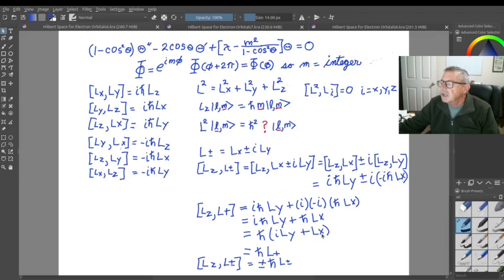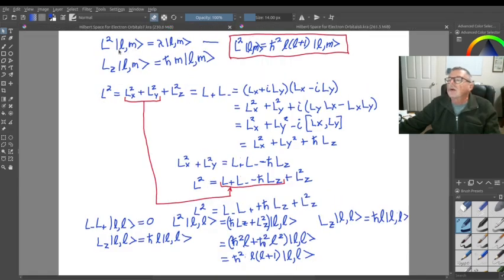And let's see what that is. That's the same as h bar times the ladder up operator. So I can simplify this to be Lz ladder up or ladder down equals plus or minus h bar ladder up, ladder down.